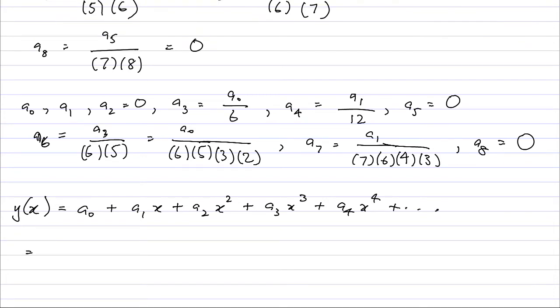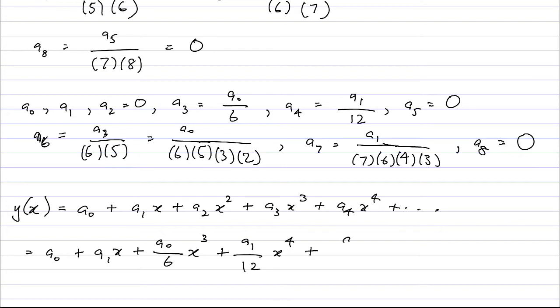Now I can write this as a0 plus a1 x plus a2 is 0, a3 is a0 over 6 times x cubed, plus a4 is a1 over 12 times x raised to power 4, a5 is 0, a6 is a0 over 30 times 3 is 90, 90 times 2 is 180, right?